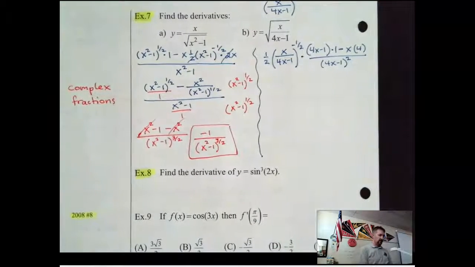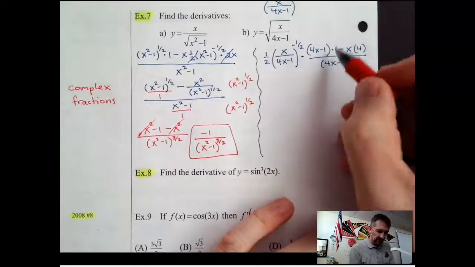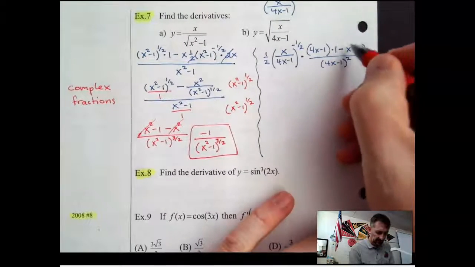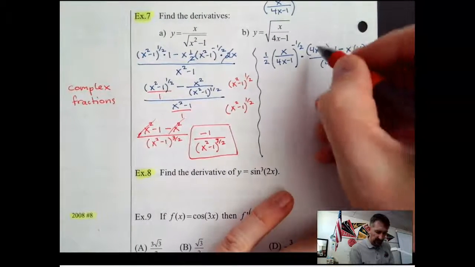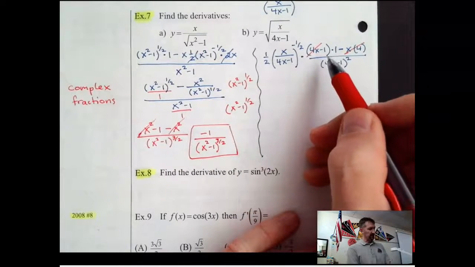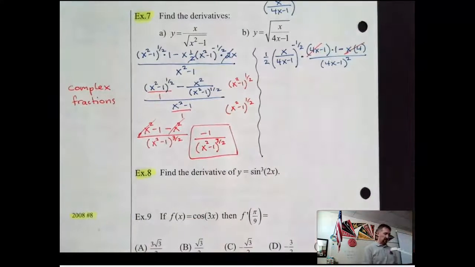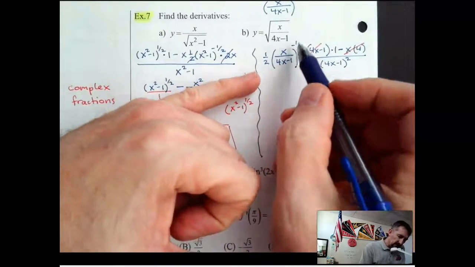All right. Now you got to be careful when you simplify the stuff up here because it's easy to lose track of stuff and not distribute. But this is going to be negative 4x and this is going to be positive 4x. So those are going to cancel out, and that's just going to leave us with negative 1 in the numerator. Now, let's see what's going on here. This is a negative 1/2.